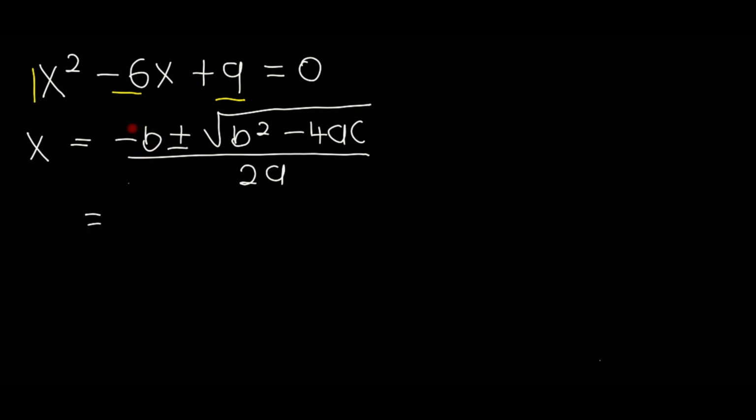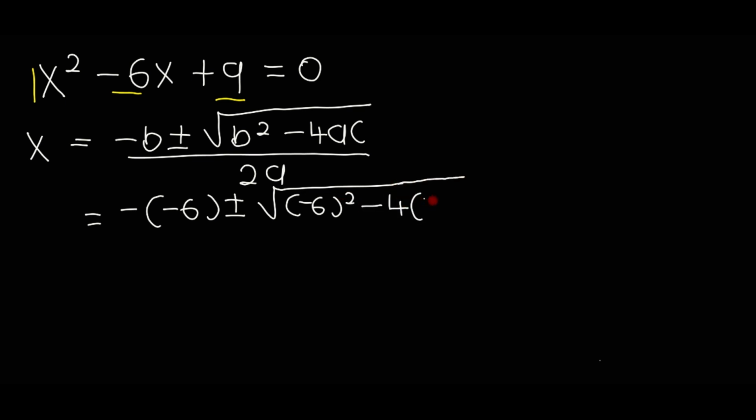Our b is -6, so we have negative, and then -6, plus or minus, the square root of b squared minus 4, and then a is 1 and c is 9, all divided by 2a, which is 2 times 1.